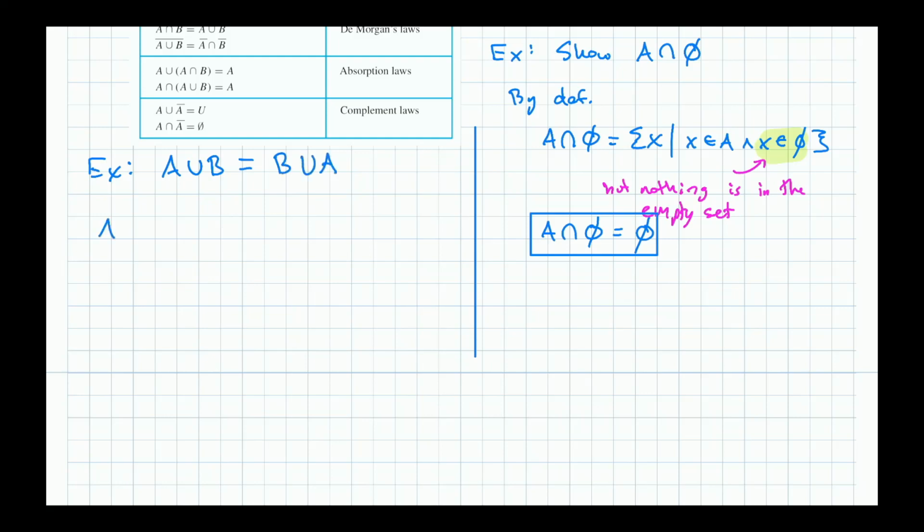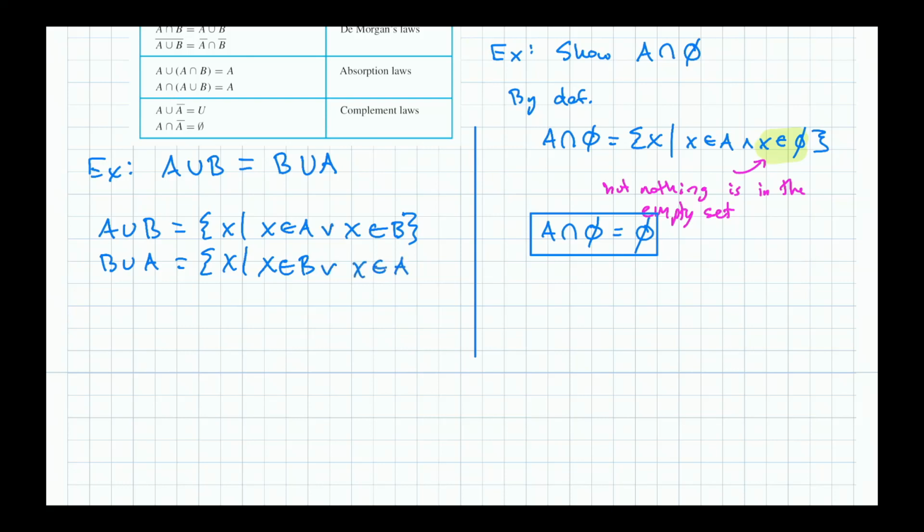Well, because A union B, according to the rules, is the set of all x such that x is in A or x is in B. And B union A is the set of all x such that x is in B. I said and, but this should have been or, sorry. B union A is x such that x is in B or x is in A.